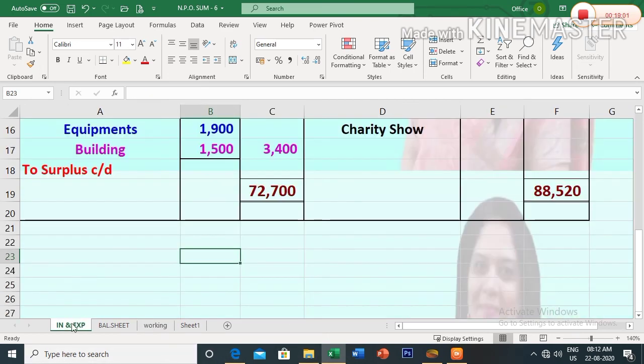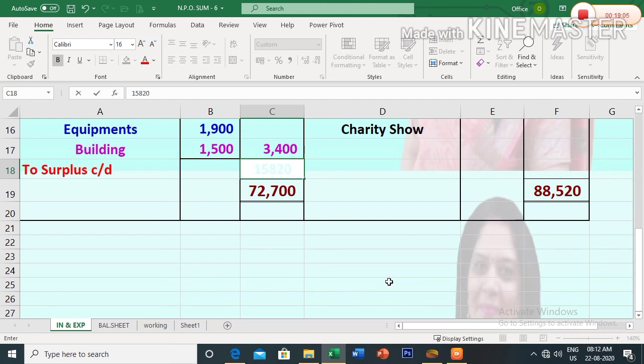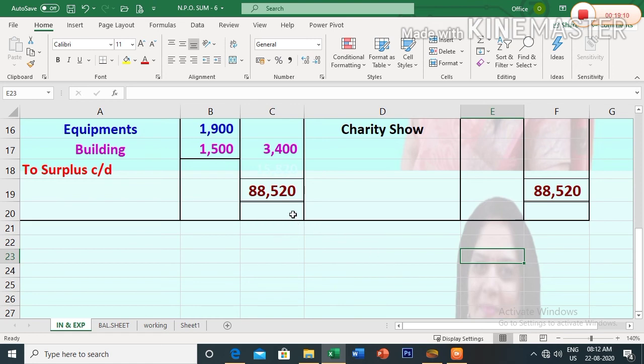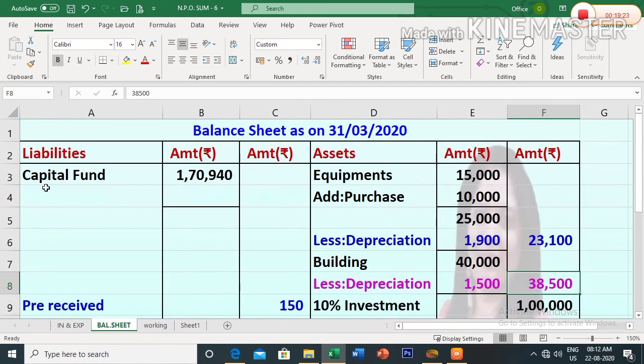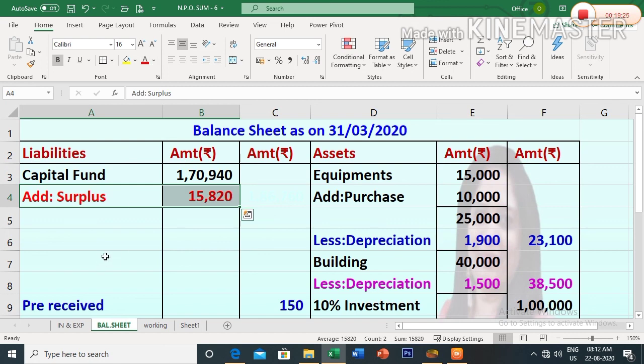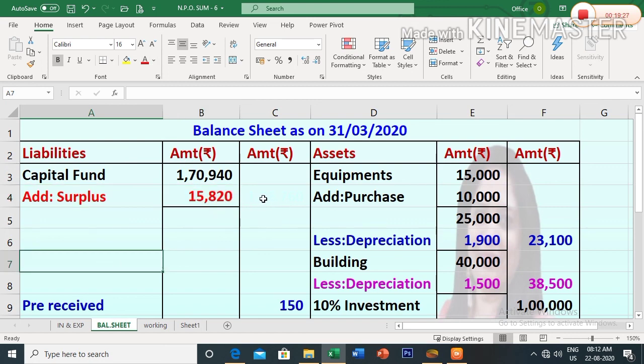On both sides first you have to record the same amount, 88,520, and then the difference will be recorded, 15,820. This surplus will be added to the capital fund. So in the capital fund we have to add surplus 15,820, and the total amount will be recorded in the outer column, that is 1,86,760.